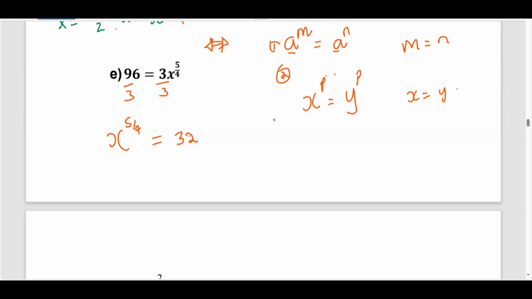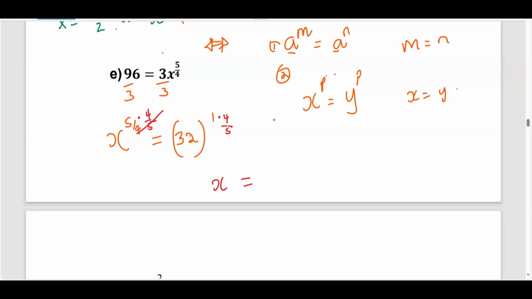So we can get rid of the 5 over 4 exponent by multiplying the exponent here using the reciprocal or the multiplicative inverse, okay? So this is going to be times 4 over 5 and then times 4 over 5. So this will cancel out and then I'll just be left with x.